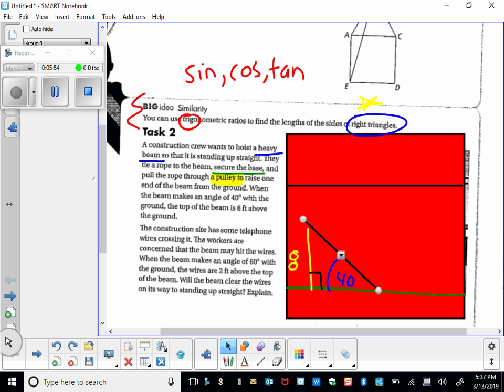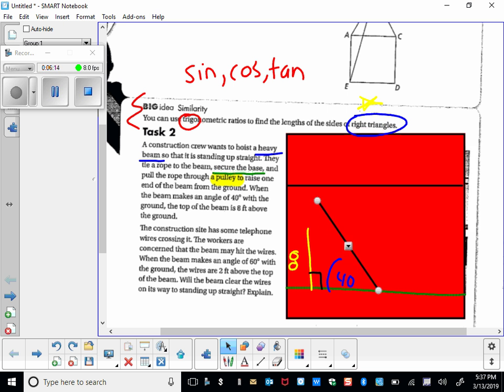And then the next sentence says, when the beam makes an angle of 60 degrees with the ground, the wires are 2 feet above the top of the beam. So with that diagram, we're going to have another picture.